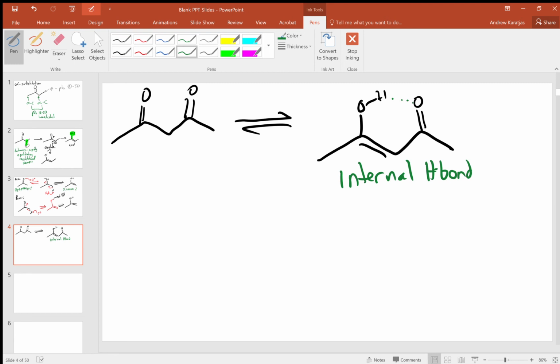And that internal hydrogen bond is able to stabilize the enol. And while you're not going to get as strong an equilibrium as, say, in the acetone case, you still, by a ratio of almost 3 to 1, get preference for the enol for one of the carbonyls over the carbonyl itself.